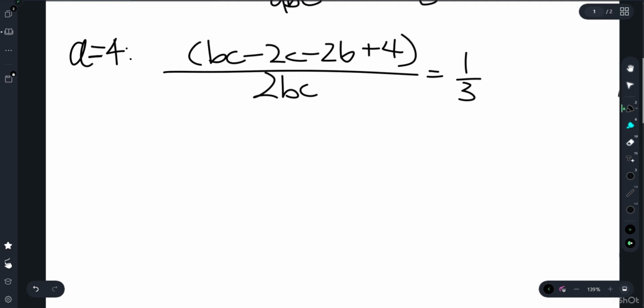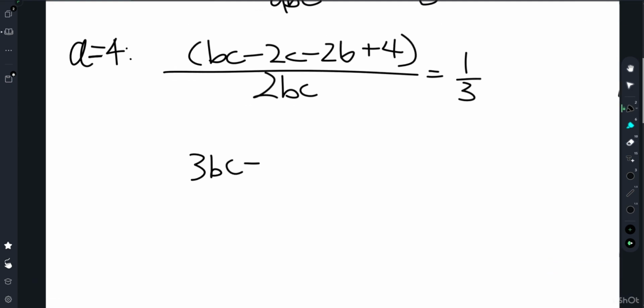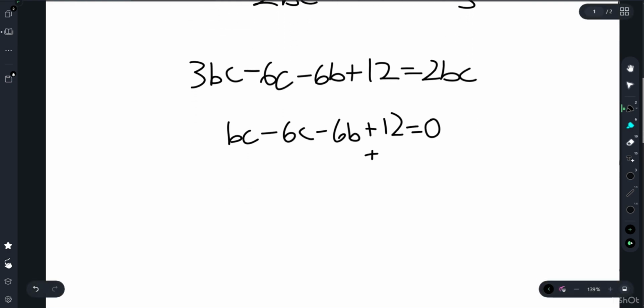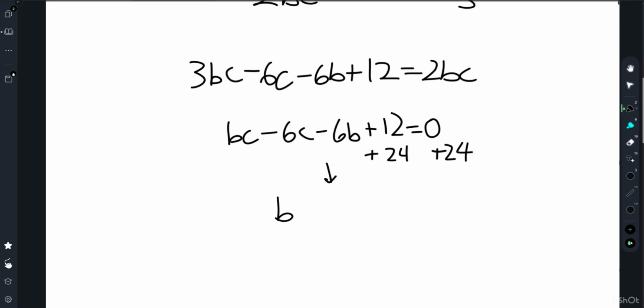Now we cross multiply, we get 3BC minus 6C minus 6B plus 12, and this is all equal to 2BC. So now we have BC minus 6C minus 6B plus 12 is equal to 0. Now we want to complete the rectangle, so we add 24 on both sides, and then we can use Simon's Favorite Factoring Trick to simplify this to (B minus 6) times (C minus 6) is equal to 24.